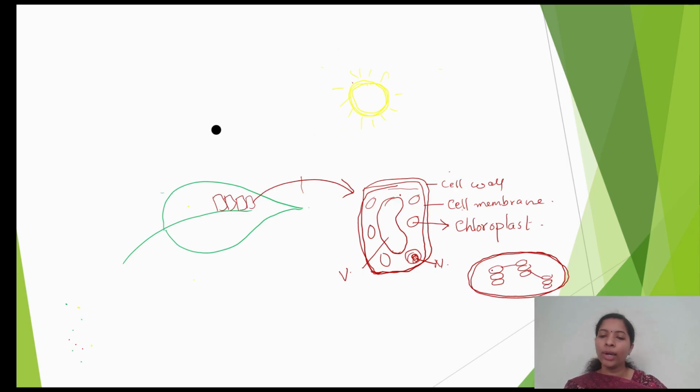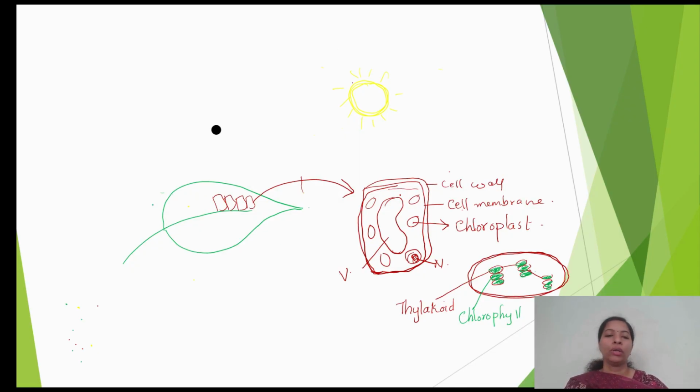And this single coin-like structure is called a thylakoid. Inside each thylakoid, we have our green color pigment, which is called chlorophyll. So much of this green pigment will be there in the thylakoid, and this is why our leaves look green in color.